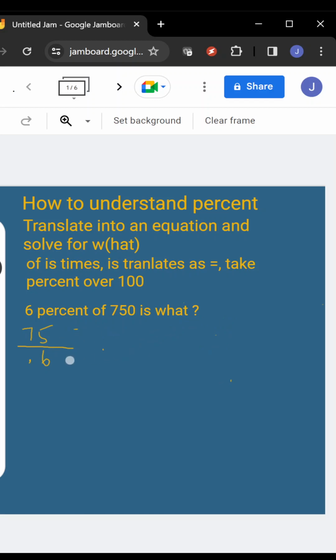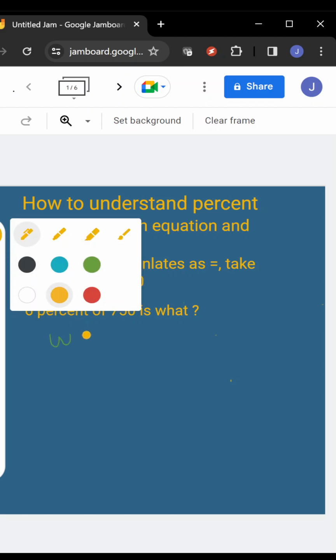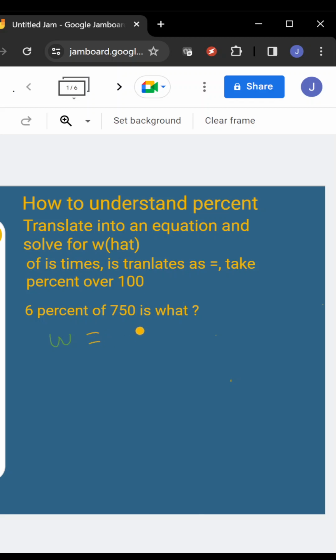Again, I'm using W for what, and I don't really have to solve for W in this case because it's kind of on its own there. So once again, we'll follow our procedure. What is 6%? We said we have to take it over 100 because that's our rule, of 750.